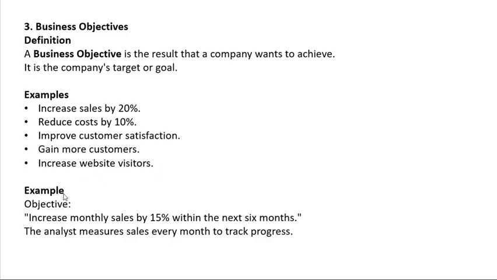As an example objective, increase monthly sales by 15% within the next 6 months, and the analyst measures the sales every month to track progress.